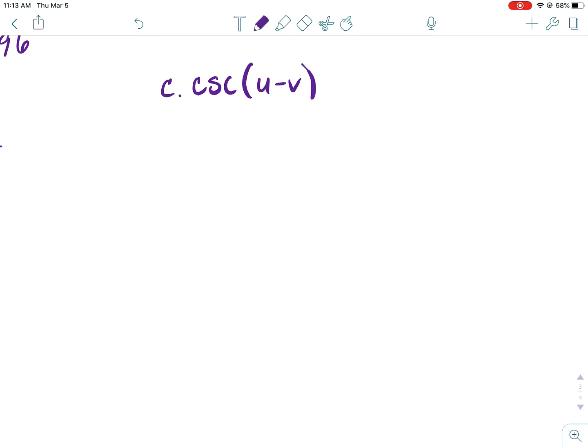No. So how are we going to figure this out? What's related to cosecant that we do have a rule for? Sine. So let's just find the sine of u minus v, and then do the reciprocal.